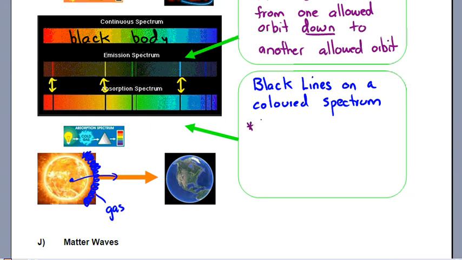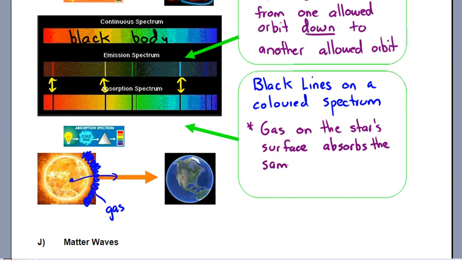Well, gas on the star's surface absorbs the same specific light energies. And by same, I mean the same as the emission spectrum.